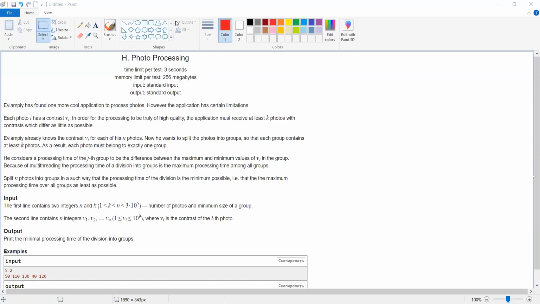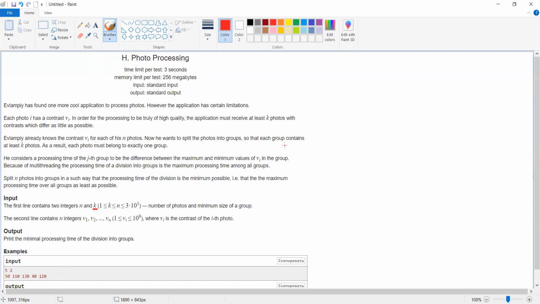Hello everyone. Today we will look into task H to try to solve it. So it's photo processing. We have an array of integer numbers. We need to split this array into sub-arrays, each of which must have not less than k numbers.